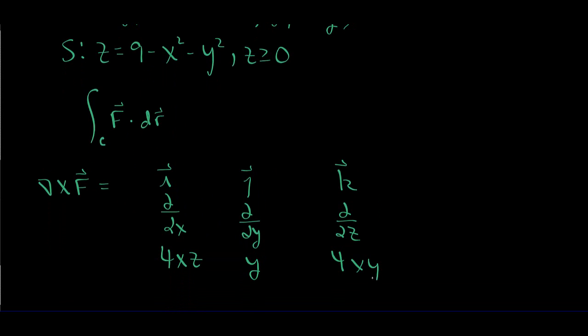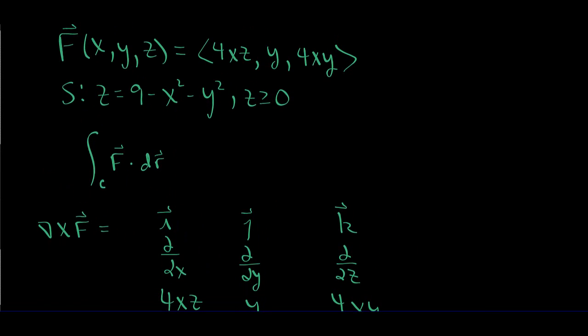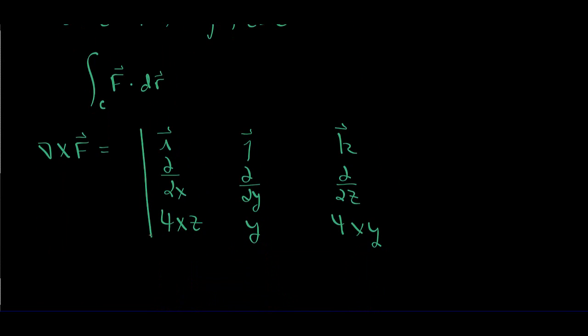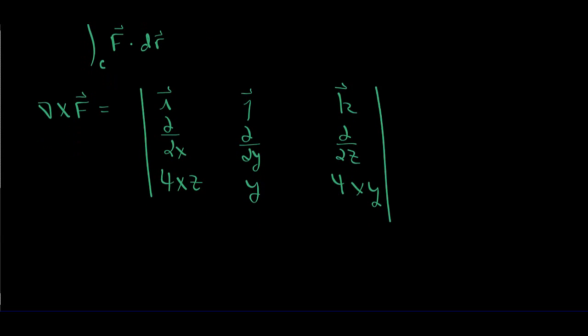So let's just make sure that's correct: 4xz, y, and 4xy. Okay, now let's go ahead and find that curl. So the partial with respect to y, i, that's going to be 4x, period. Because this one right here, the partial with respect to z, will just give you a 0.